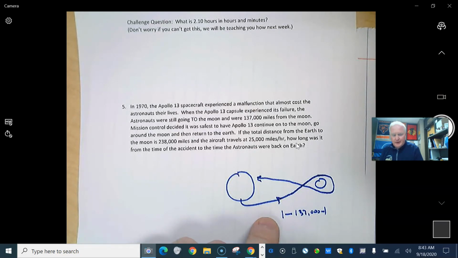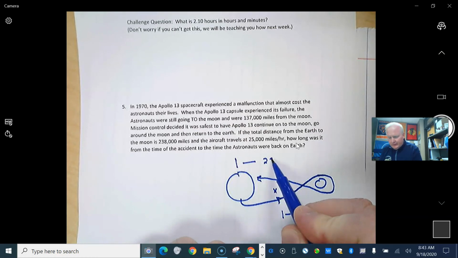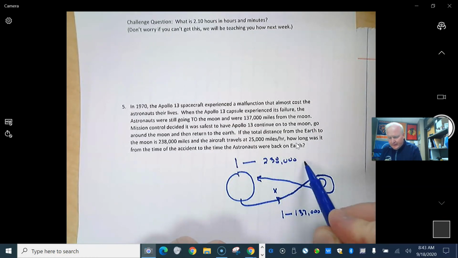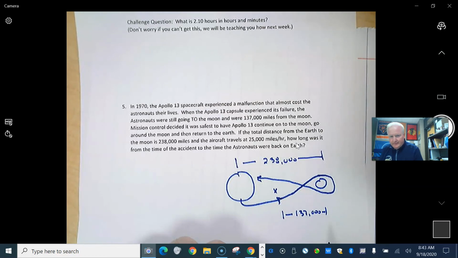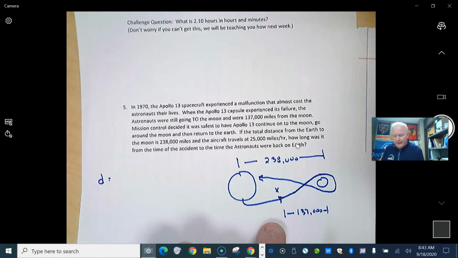What the problem asks is, how long from this accident to the time they land does it take if they're going 25,000 miles an hour? You're being asked to do a little drawing and figure out the distance they're going to travel after the accident.